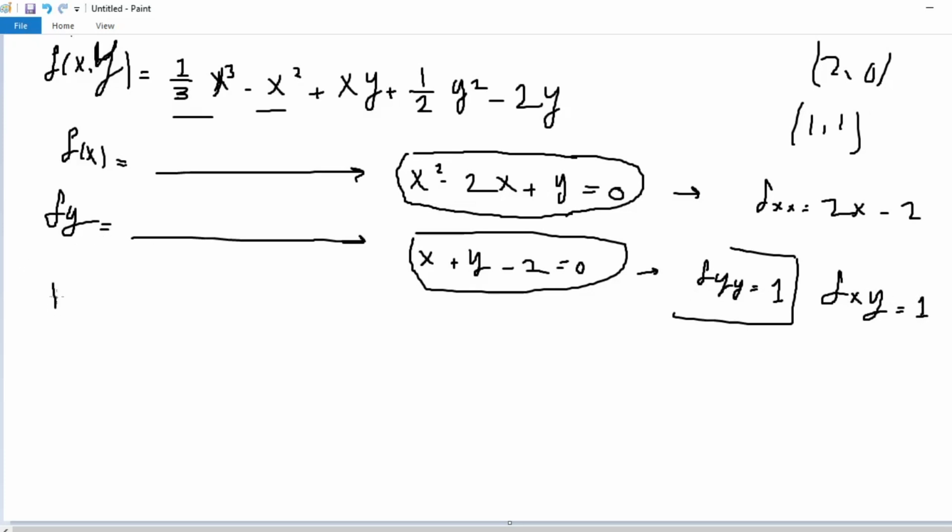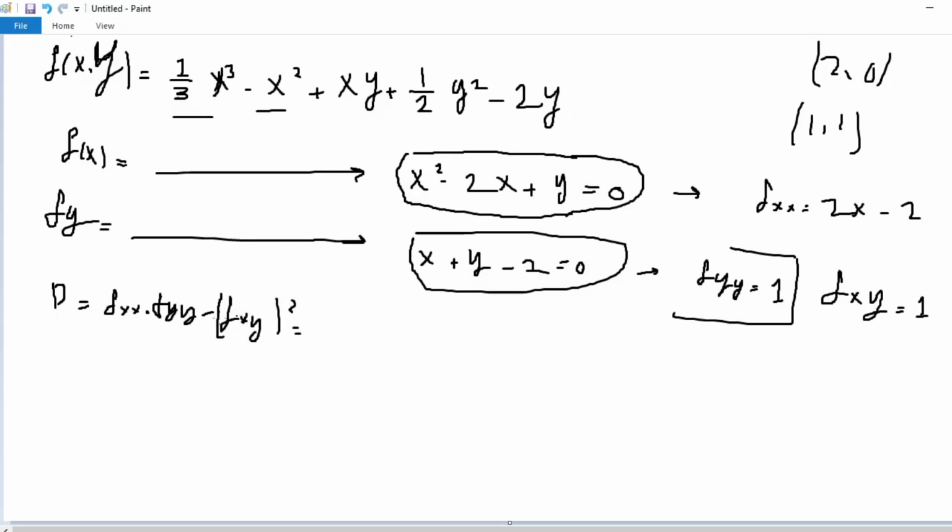So writing the discriminant equation: it's going to be fxx times fyy minus fxy squared.